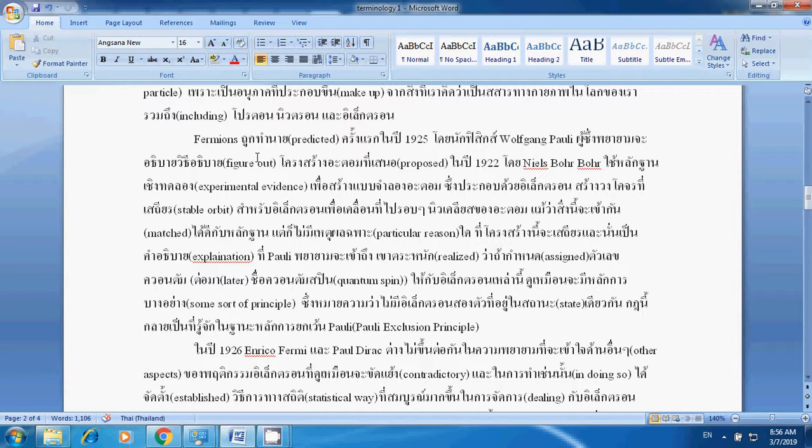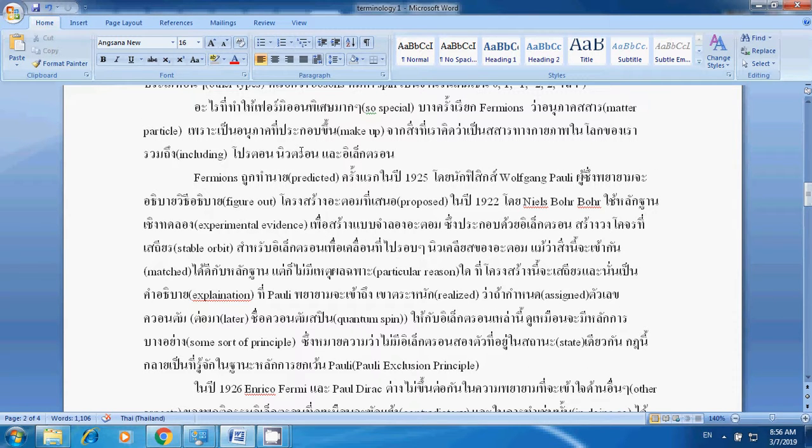Fermions were first predicted in 1925 by physicist Wolfgang Pauli, who tried to figure out the atom structure proposed in 1922 by Niels Bohr.